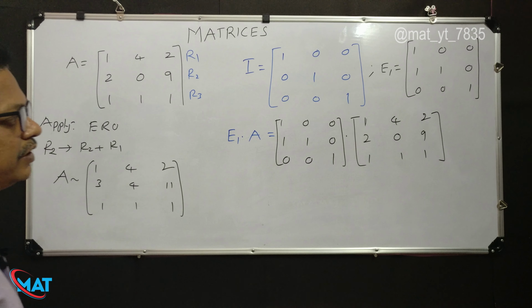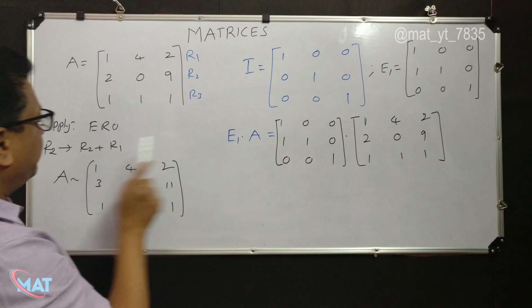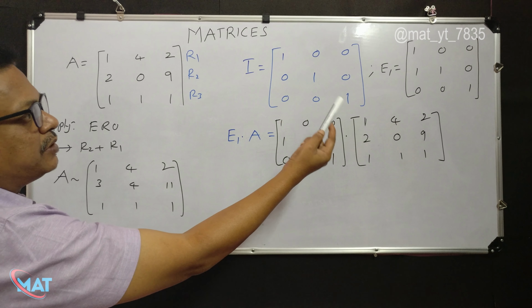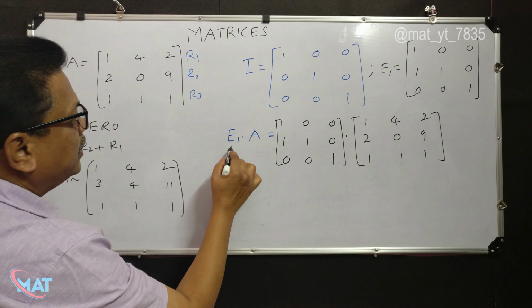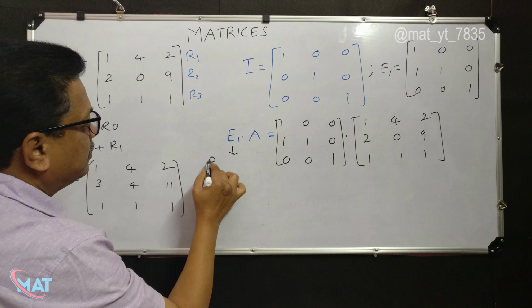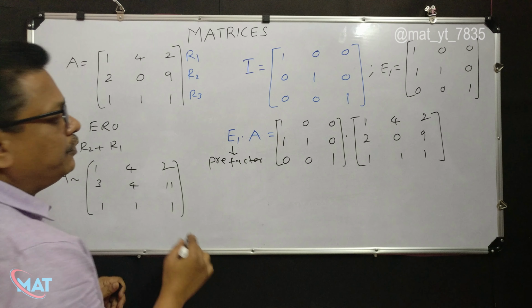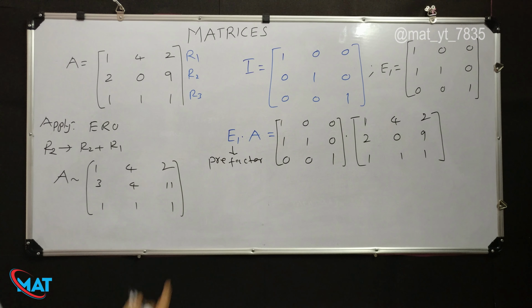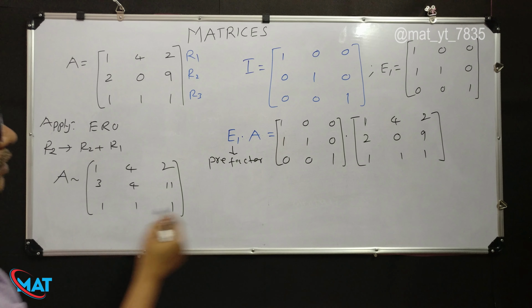Now the advantage is that if you find the product E1 into A, when you apply ERO, elementary row operation, the elementary matrix must be multiplied before A. It is called prefactor. If you multiply after A, it is called post factor. So if you multiply E1 and the main matrix, we are going to get the same thing.